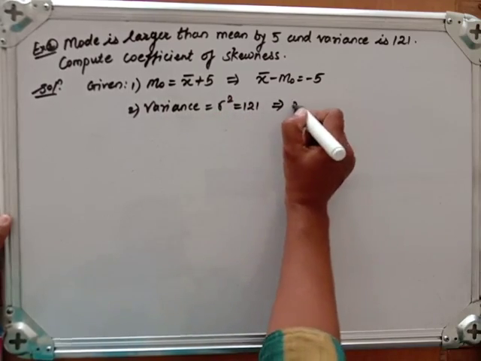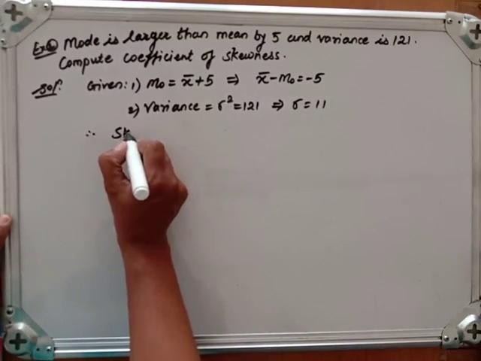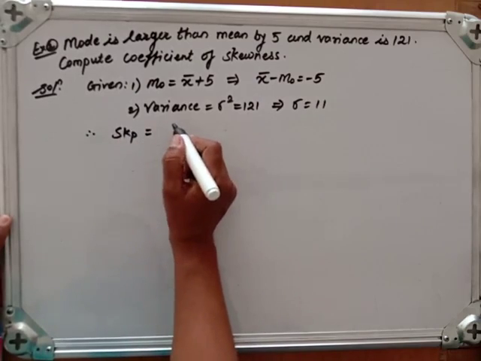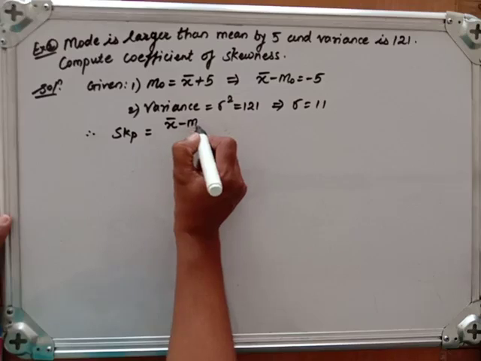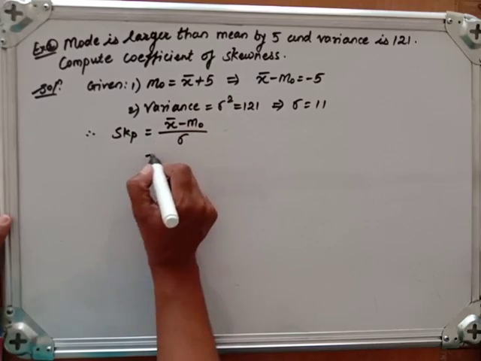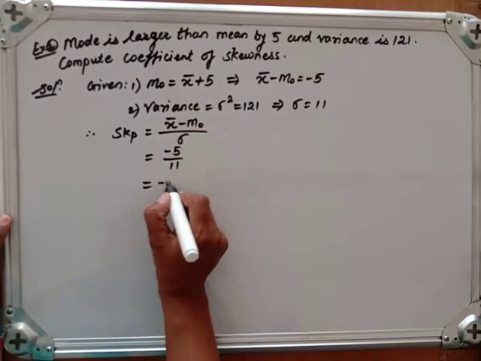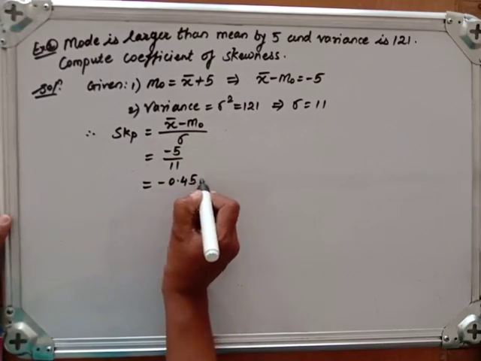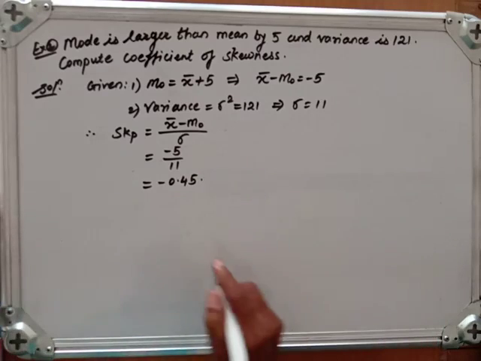So this gives sigma is equal to 11. Therefore, Pearson's coefficient of skewness is mean minus mode upon standard deviation. So it will be minus 5 by 11. So it is minus 0.45.